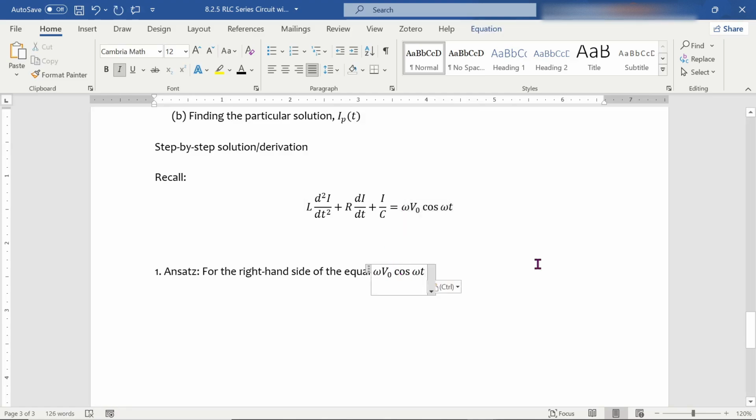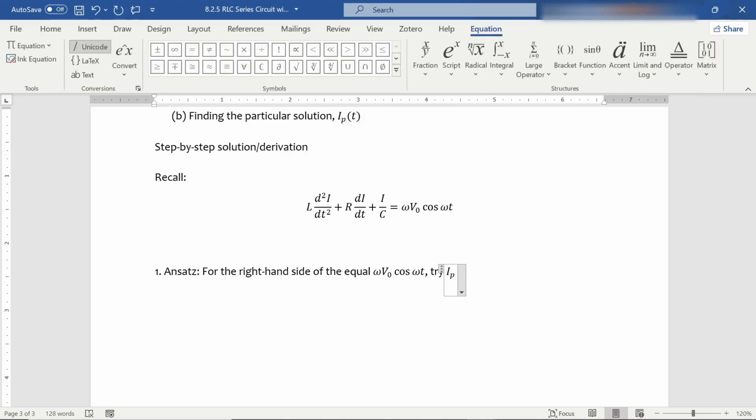So in finding the particular solution, we try IP. This is actually an ansatz. We cannot be wrong with this choice because we will be testing this, and at the end of the solution, we can see that indeed our solution is correct.